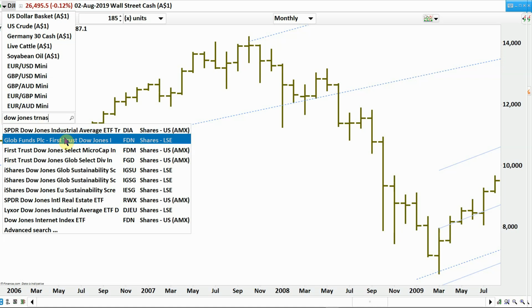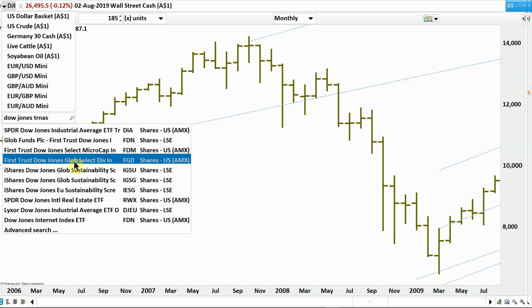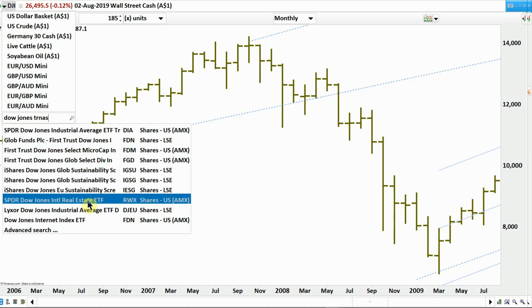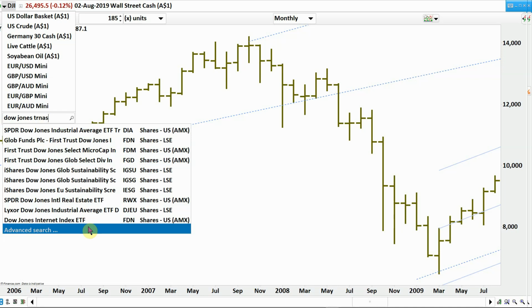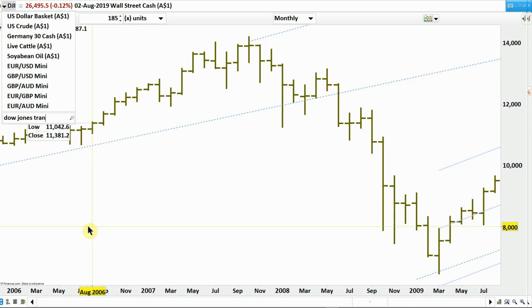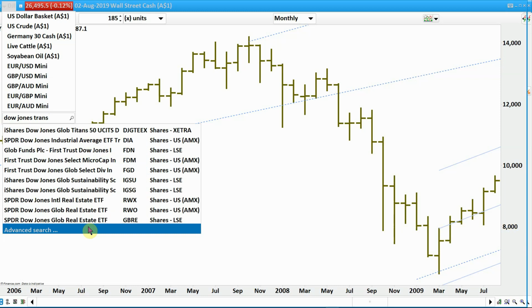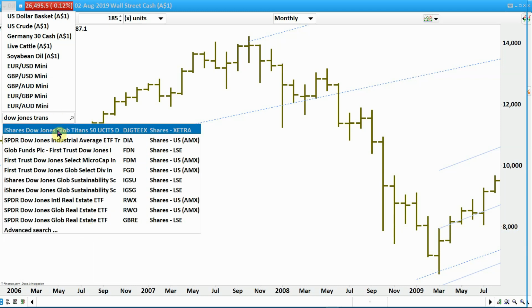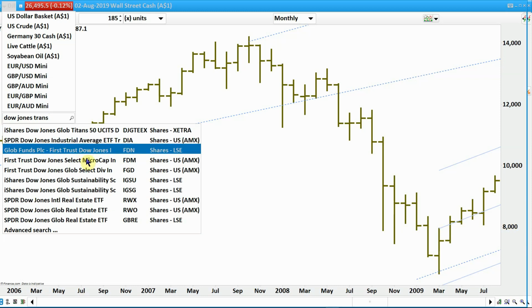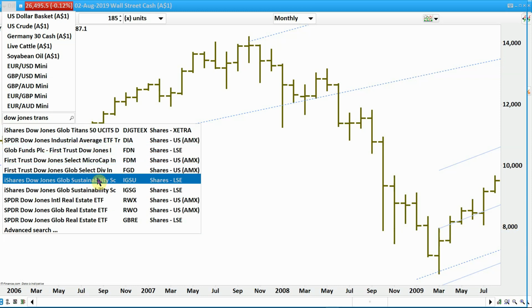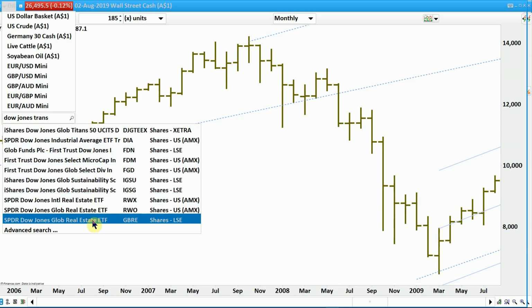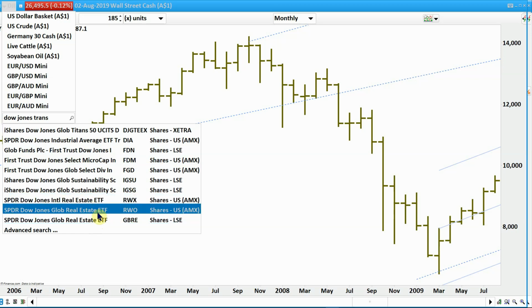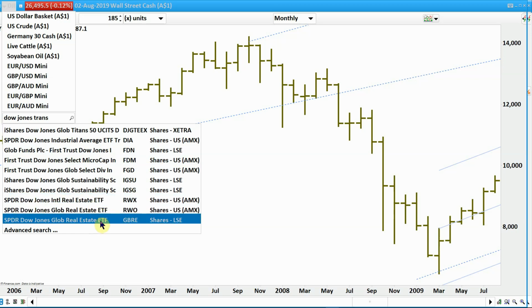Dow Jones Industrial Index, First Trust. Previously it was actually there. Dow Jones Real Estate is there, but they are not plotting the Dow Jones Transportation, which is an extremely important index actually.